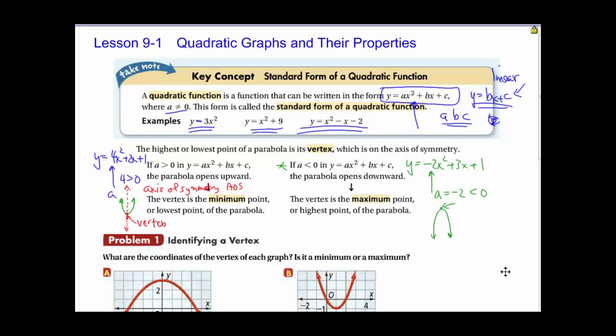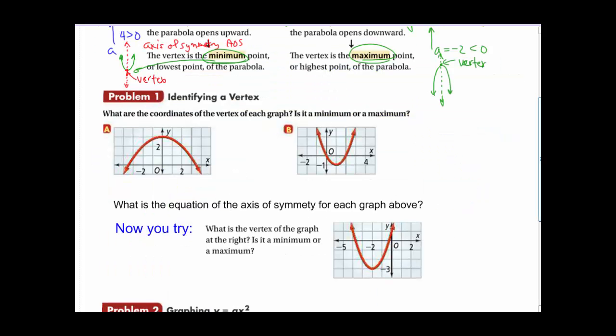So here's our vertex here. This is going to be a maximum point, whereas the one before was a minimum point. Being a maximum point, it still lies on that axis of symmetry that splits that parabola into mirror images.